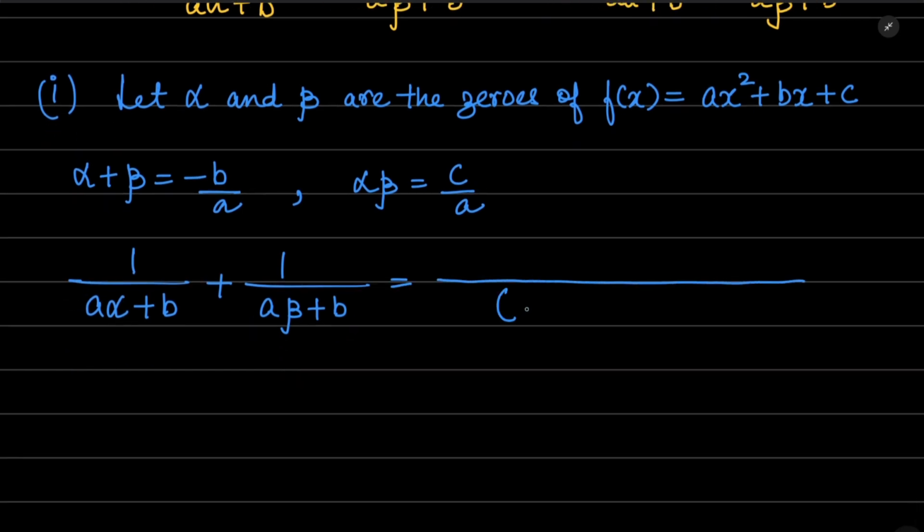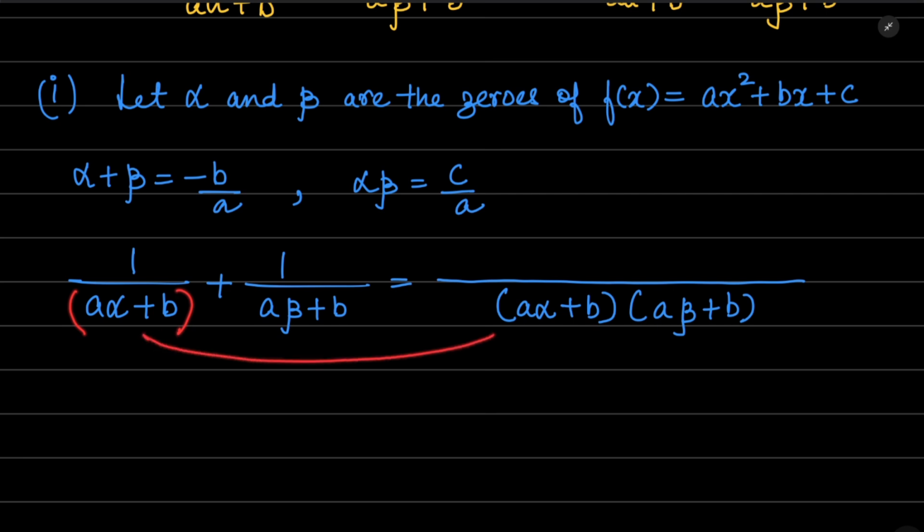The LCM will be the product of the two terms, that is a alpha plus b multiplied by a beta plus b. In the numerator, how will you write the LCM? So this term a alpha plus b multiplied by what will give you this entire product? So you have a beta plus b. This you have to multiply with the numerator 1.